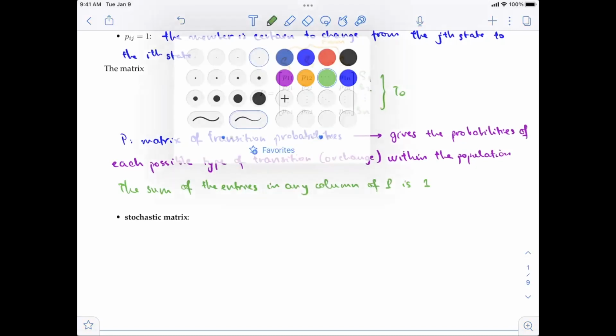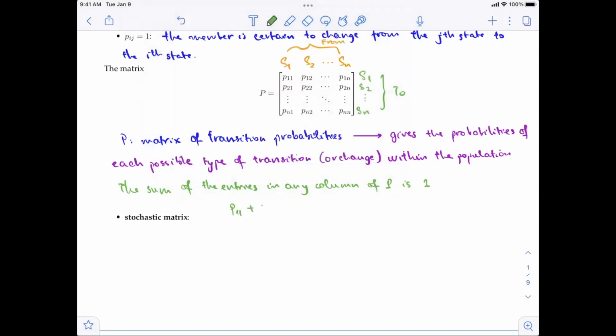That is P1,1 plus P2,1 plus P3,1, and so on and so forth up to Pn,1 has to add up to be equal to 1. Okay, so that's the condition, and therefore all of these conditions combined will create something called a stochastic matrix, right?